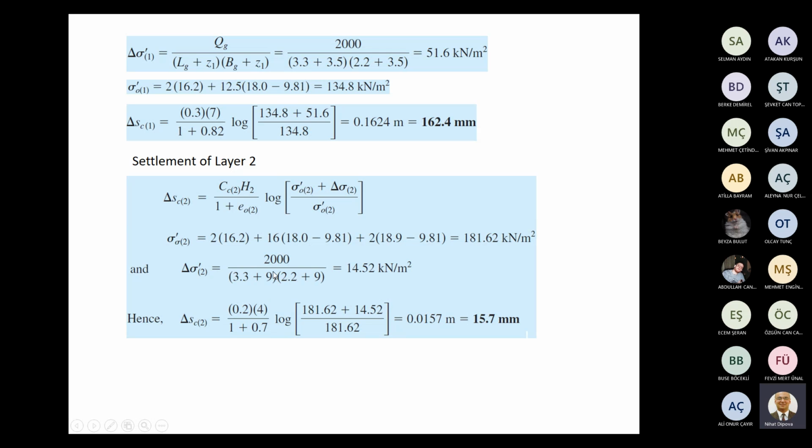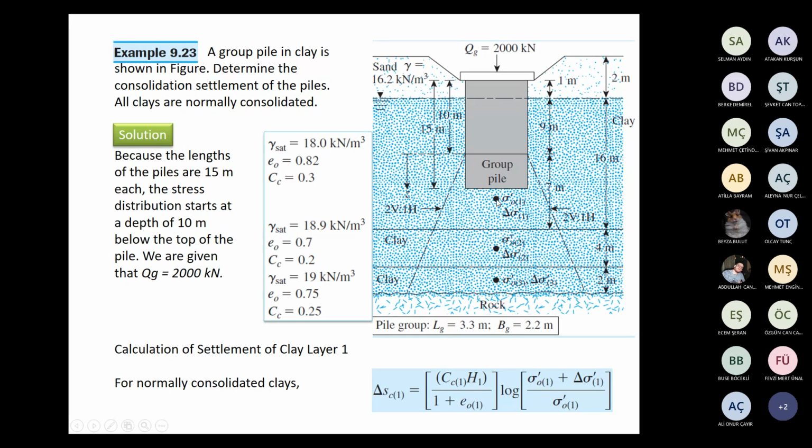Please note how to calculate this, how to determine these Z values. Let us do layer by layer. For the first clay layer, the thickness is 7 meters, so half of the thickness is 3.5.